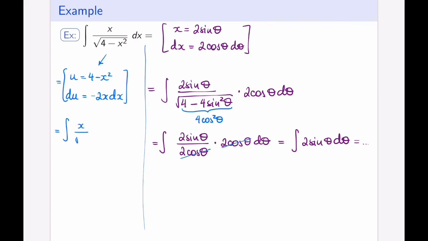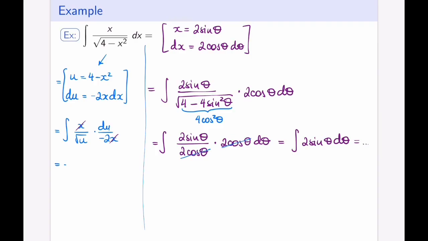On the bottom, I'm going to have the integral of square root of u, and then I have dx, which from this expression is du divided by negative 2x. Now, of course, I notice that these two x's cancel out, and I end up with an integral that has no x's in it, just u's, which means that the substitution did work.